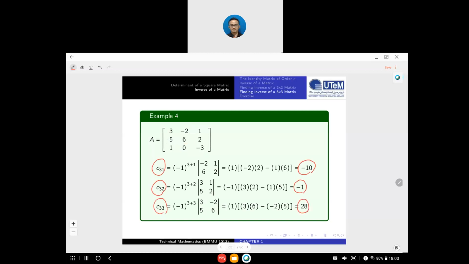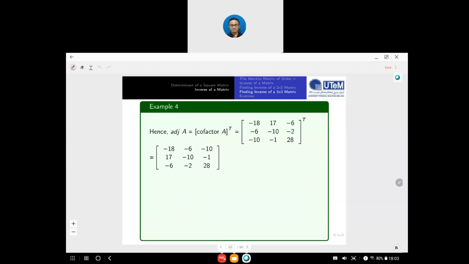Okay? Since you already get all the 9 cofactors, next, you kena cari pula what is the adjoint matrix. Macam mana nak cari adjoint matrix? Adjoint matrix is equal to cofactor A transpose. So before you transpose, you masukkan dulu dia punya cofactor.